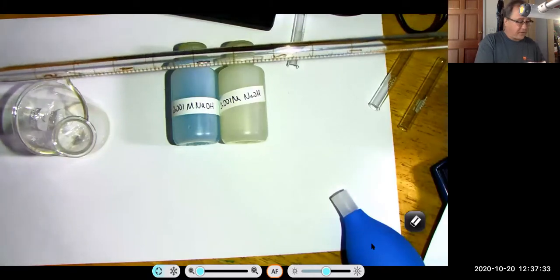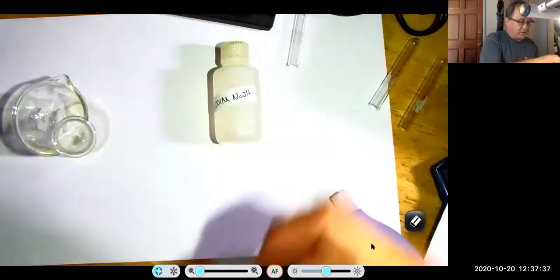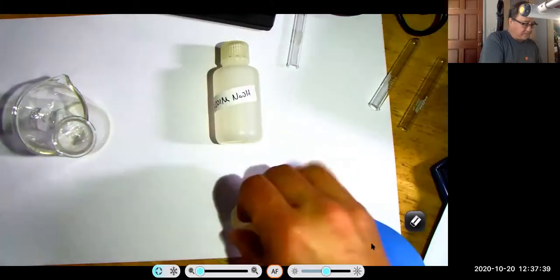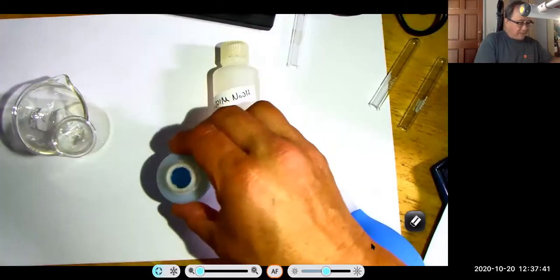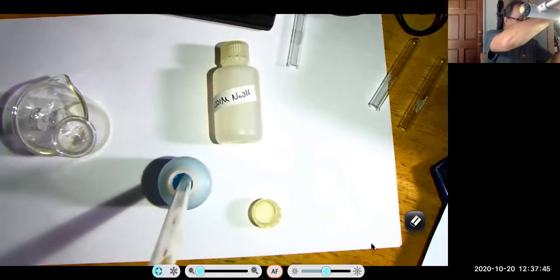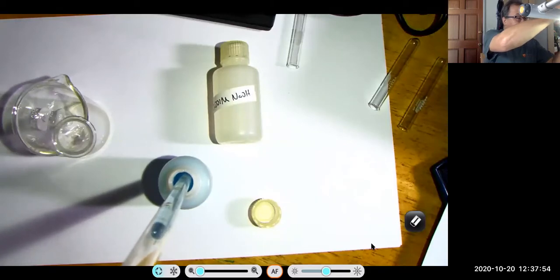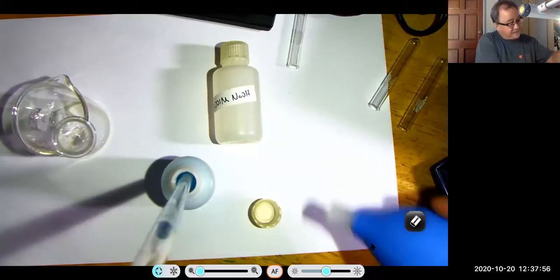Okay, so I'm going to go ahead and start with this solution here. I'm going to open it up. I'm going to put my pipette into here, and I'm going to draw some solution up into the pipette with my pipette bulb. Now, this is something I'd be showing you how to do in class if we were meeting face to face.